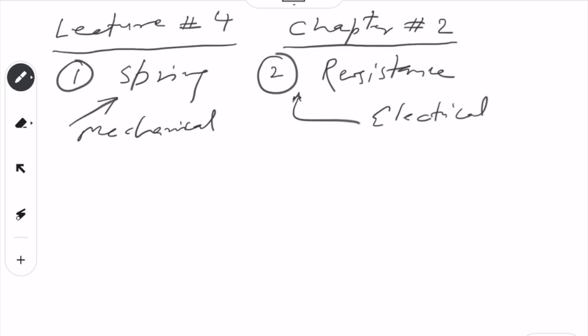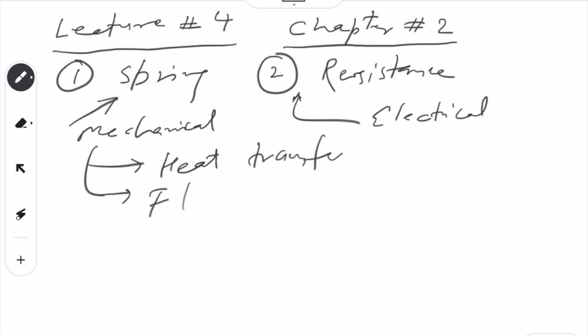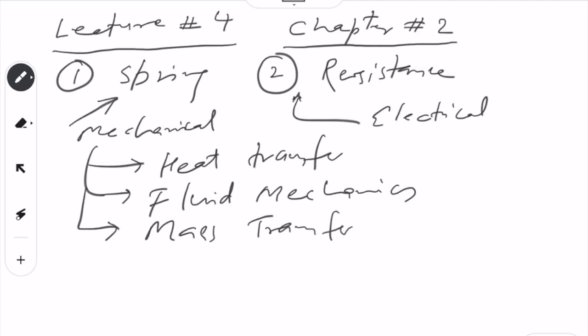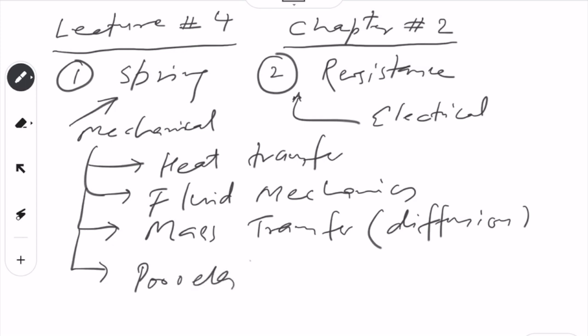Now from the mechanical side we can also have different types of examples, like heat transfer, fluid mechanics, mass transfer, where we are basically talking about diffusion, and even poroelasticity could be there.